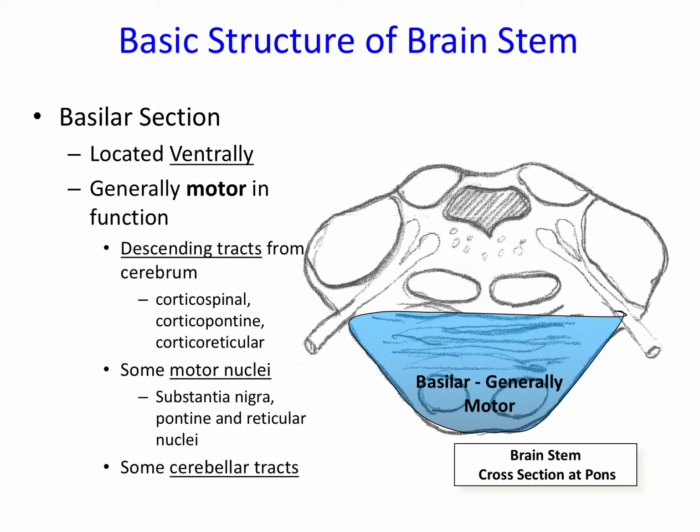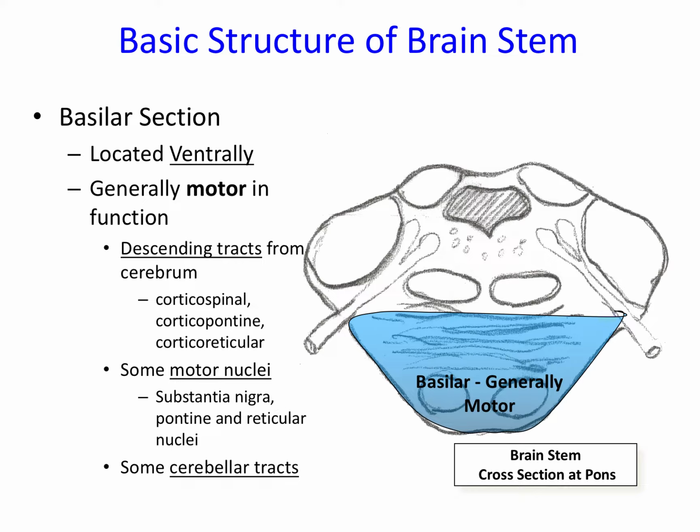In the basic structure of the brain, we're looking at that basilar section, which is down here in the ventral part. You can generally think of that as being more motor in function. It has your descending tracts from the cortex, such as your corticospinal tracts. It has corticopontine tracts, corticoreticular tracts. There are some motor nuclei, particularly the substantia nigra, which is in the midbrain.